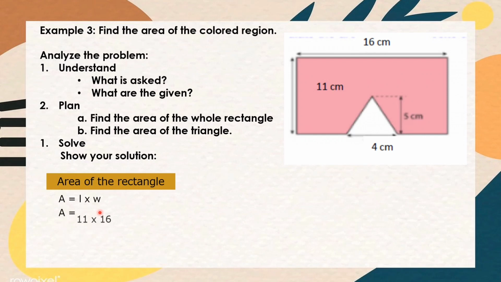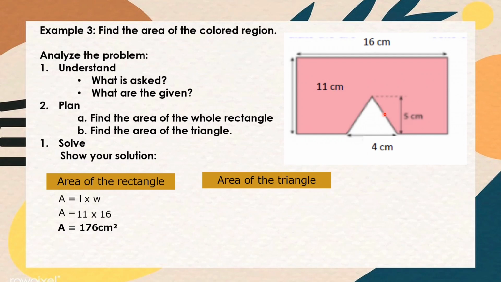So we have 11 times 16. The answer will be 176 square centimeter. Okay, so let's have the area of a triangle. From our review, the formula that we're going to use here will be 1/2 base times height, or it can also be base times height over 2.